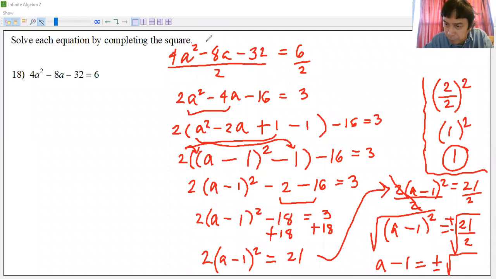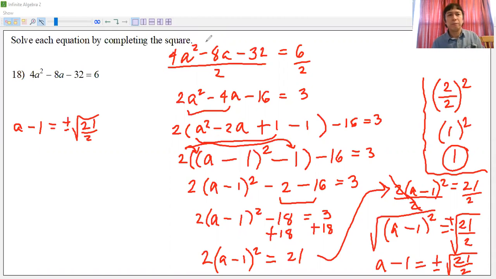We shall continue at the left side. This will now be a minus 1. That's equal to plus or minus square root of 21 over 2.